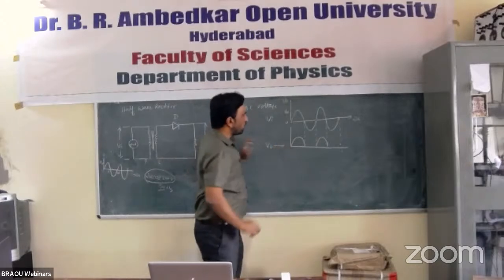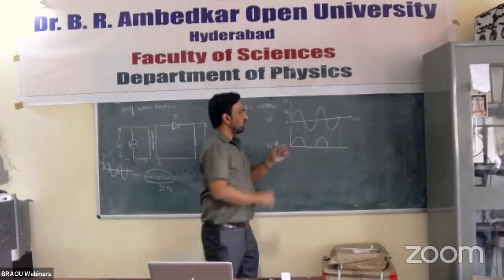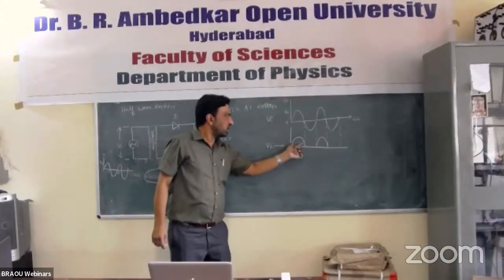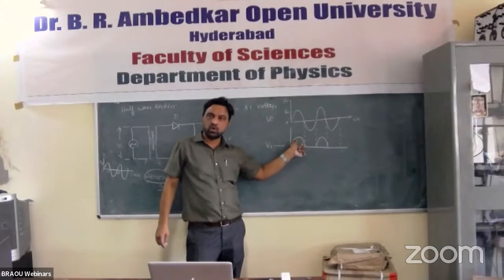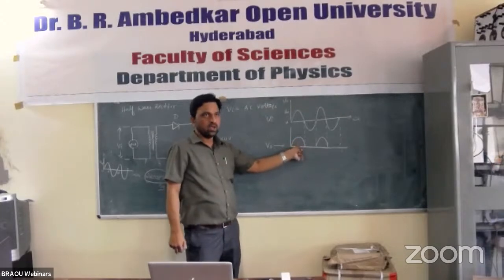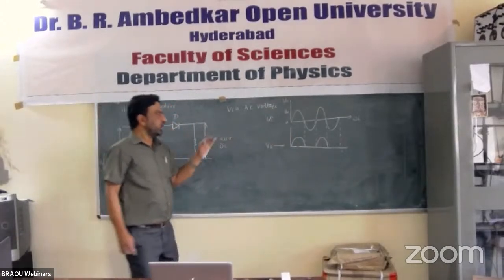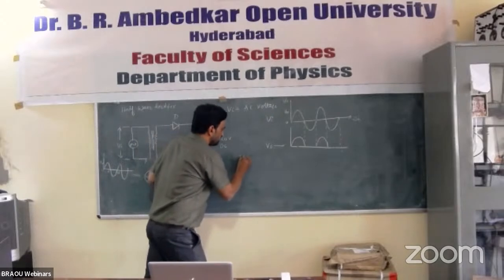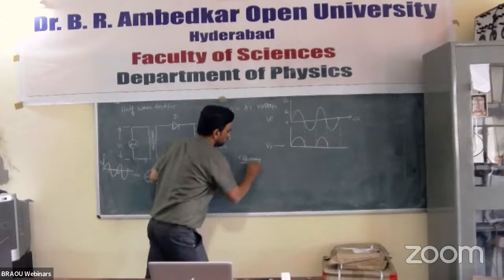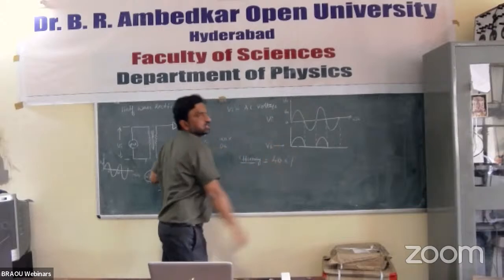If you observe this output voltage, you can calculate how much DC and how much AC is there in the output. Generally, this half-wave rectifier has an efficiency of only 40.6%.